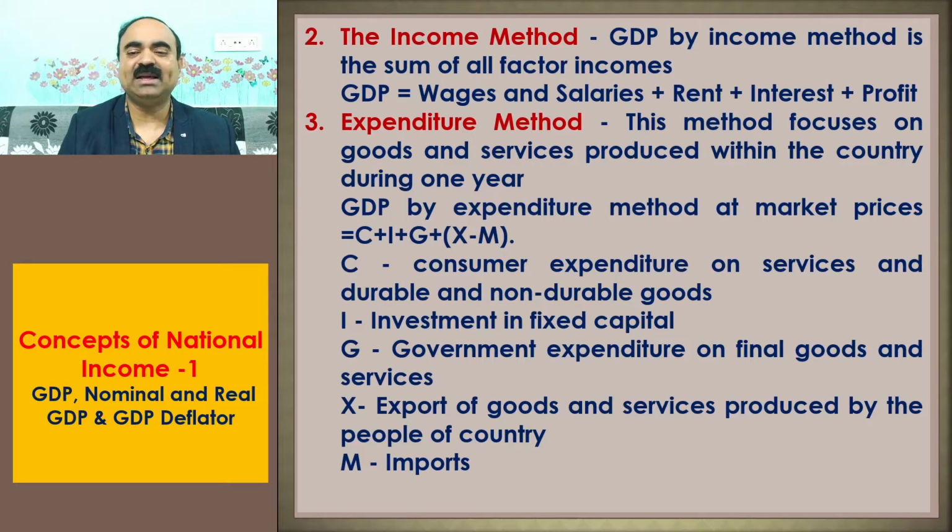GDP by expenditure method at market prices is equal to C plus I plus G plus X minus M, where C is consumer expenditure on services and durable and non-durable goods, I is investment in fixed capital, G is government expenditure on final goods and services, X is export of goods and services produced by the people of the country, M is imports.